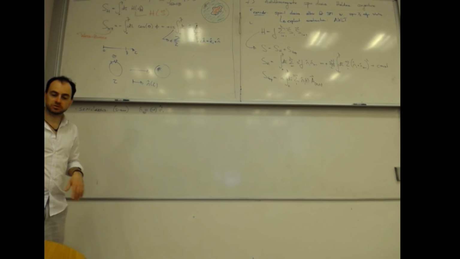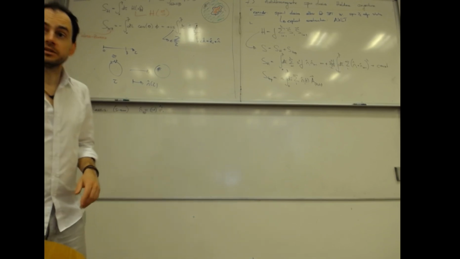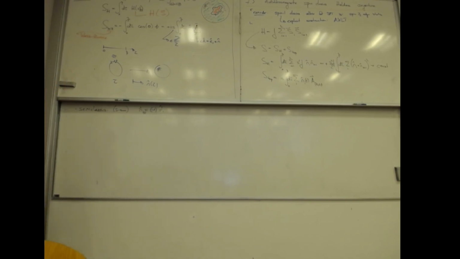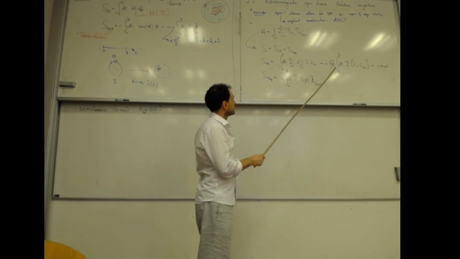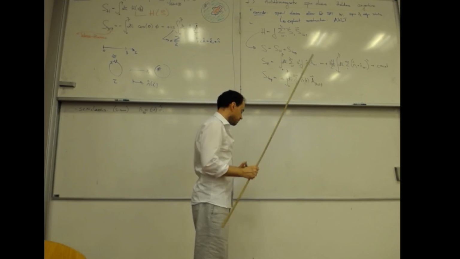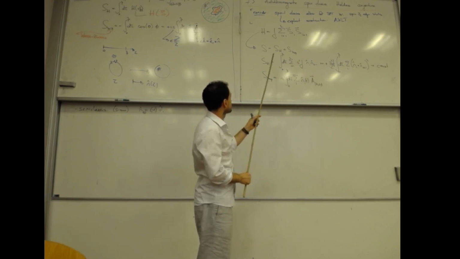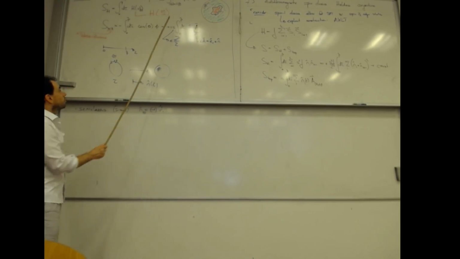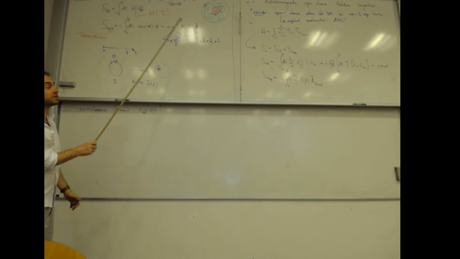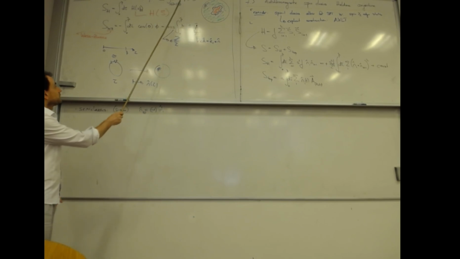Maybe I should say this: why is S going to infinity semi-classics? On the level of this action, you see that S goes to infinity. Maybe not everybody is aware of this. When you have this action formalism, in quantum theory we integrate over all field configurations, and each of them has its weight.